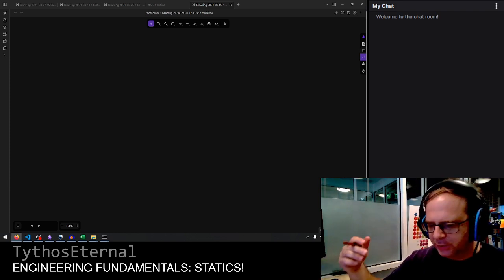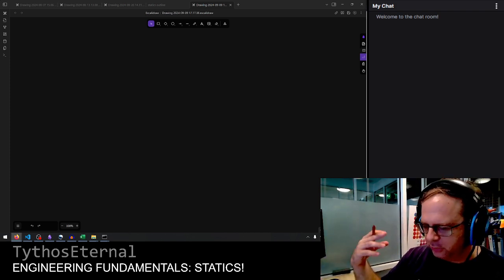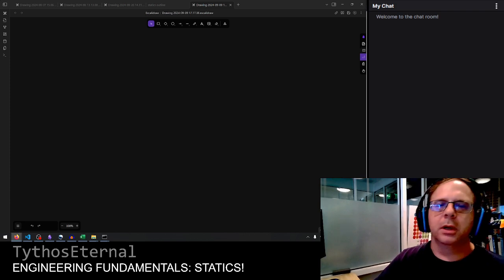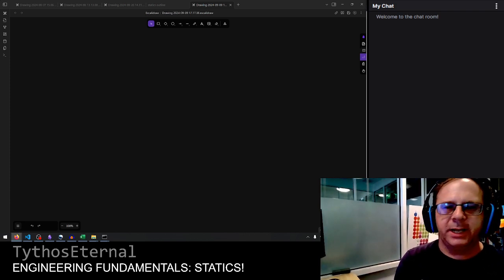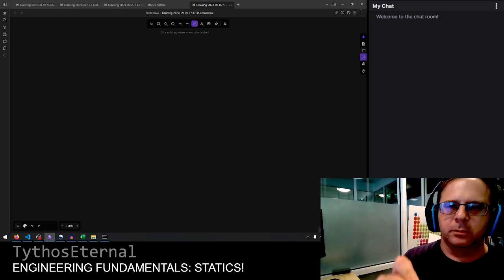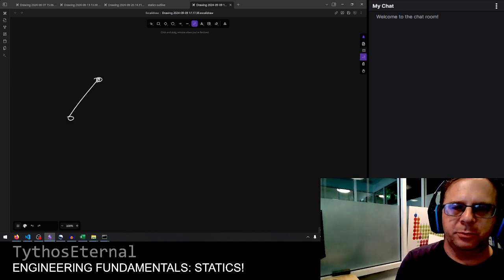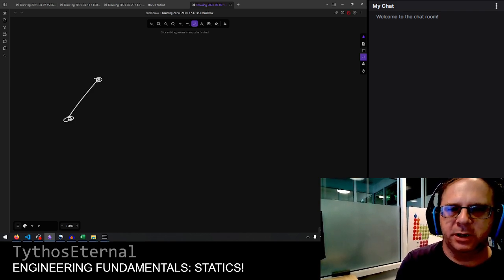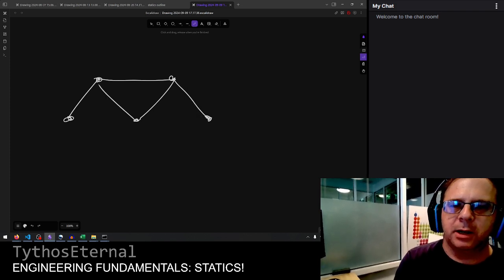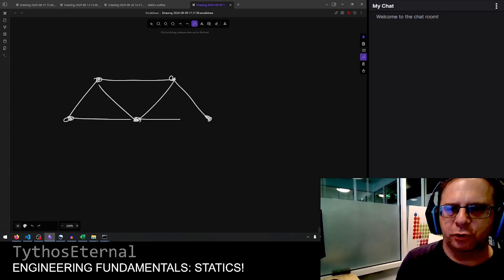But one of the more common things that you'll see in statics is specifically looking at considerations of structures, right? So whether it's a bridge or what have you, this could be a building, this could be a diving board, this could be many, many things, but we'll typically describe something like this as a truss.